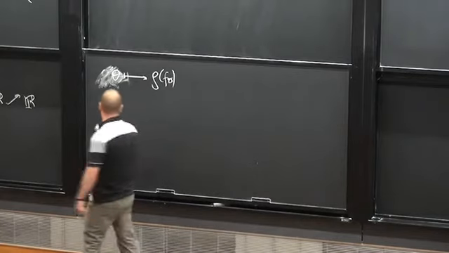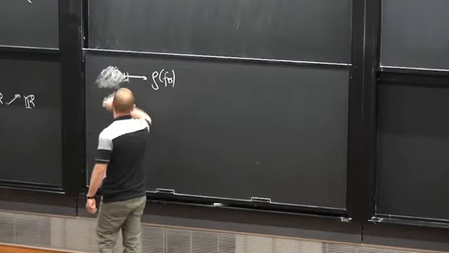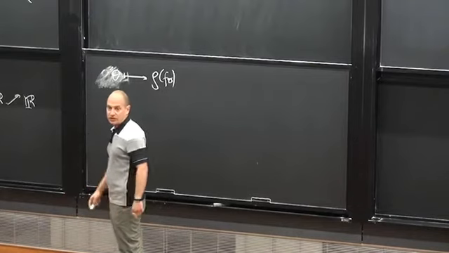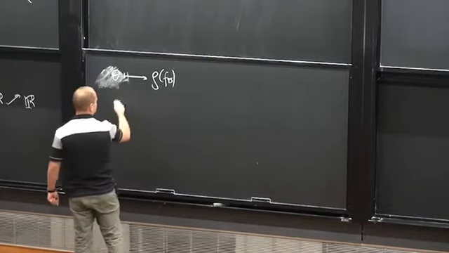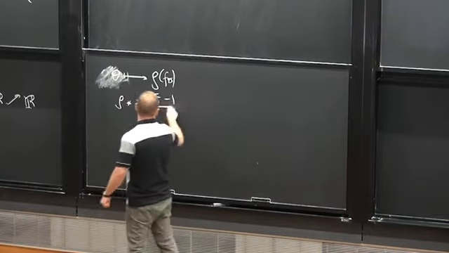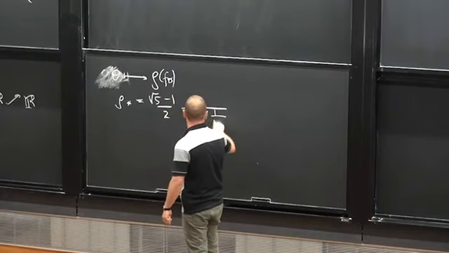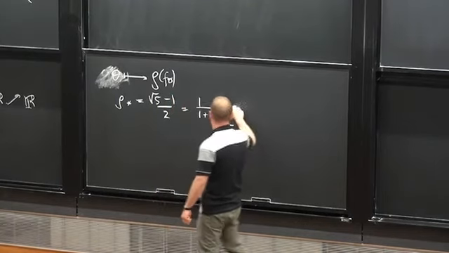So pick your favorite quadratic irrational. I'll take the inverse golden mean. So let rho star be root 5 minus 1 over 2. This is expressed as a continued fraction in which all terms are 1.